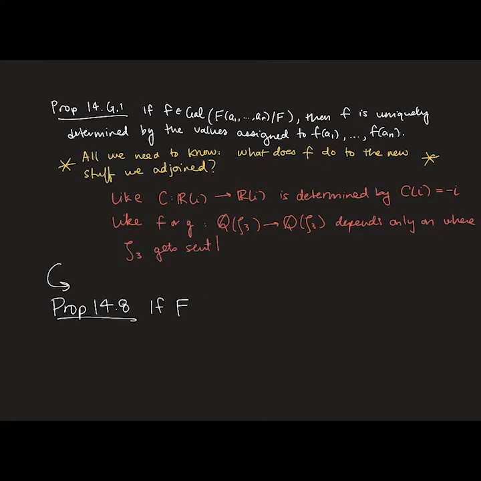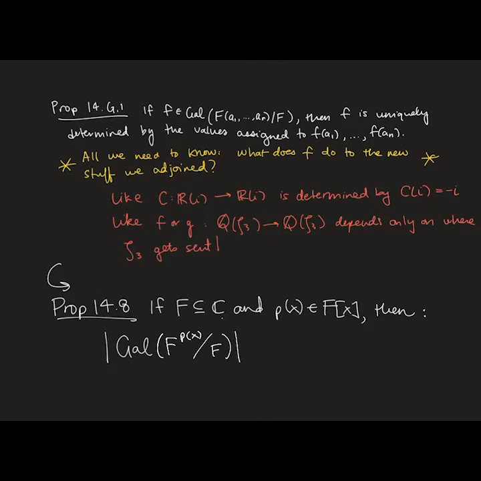And that leads us to proposition 14.8. So if F is a subfield of the complex numbers and p of x is a polynomial in F[x], then the Galois group of the splitting field of that polynomial over F is the dimension of the vector space F with the roots of p of x over F, right?